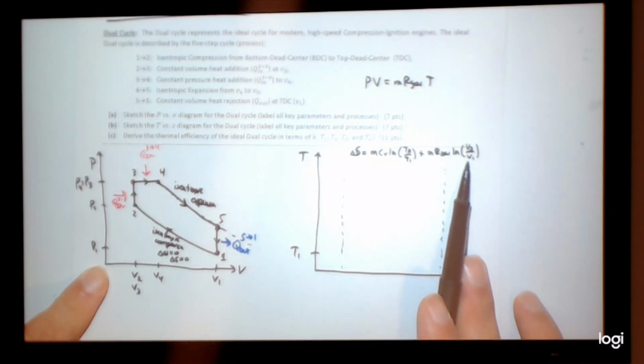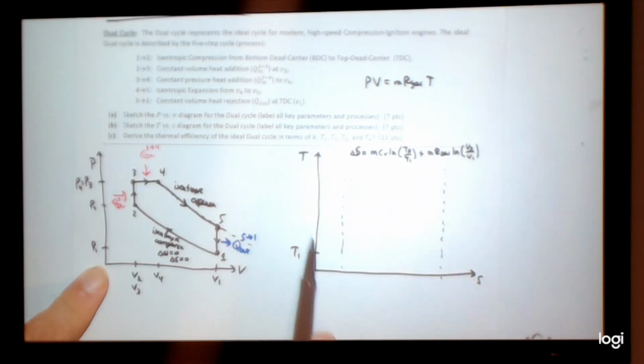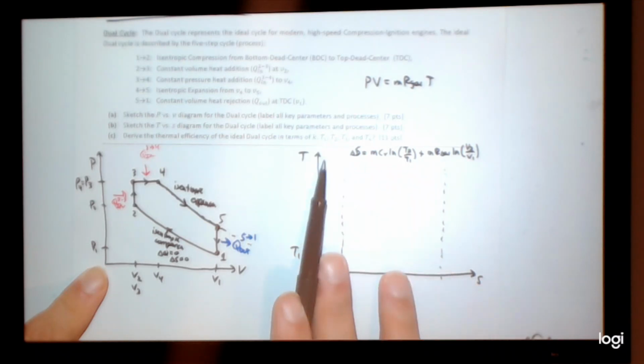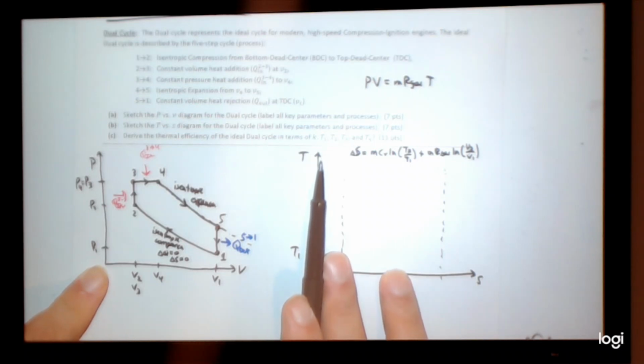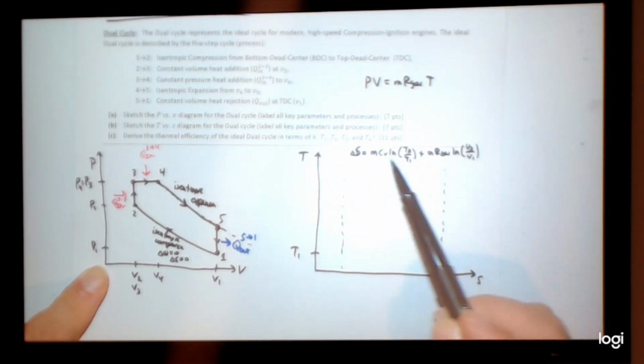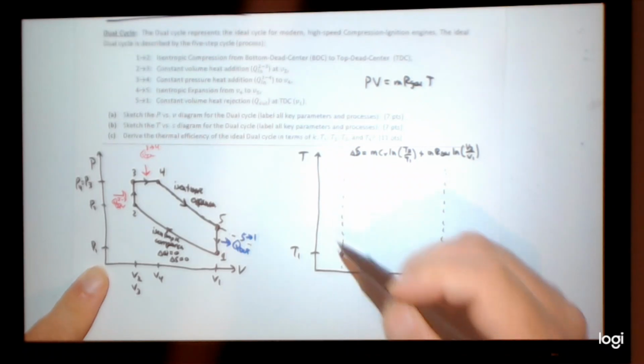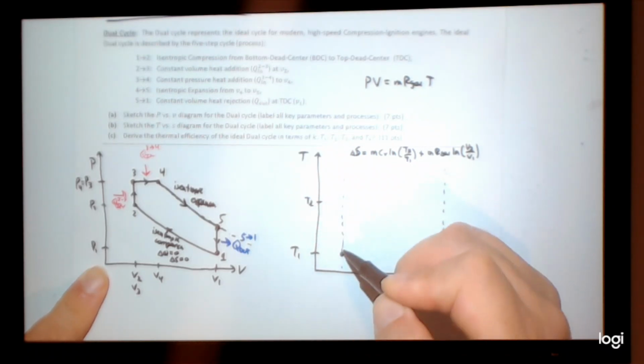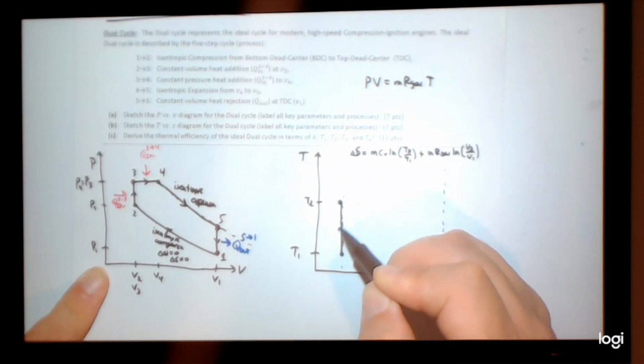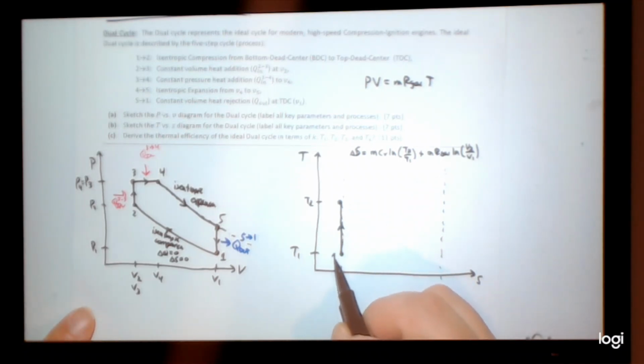Smaller number, less than 1. Natural log of something less than 1 is a negative number. Well, we know from 1 to 2, it's isentropic, so this is equal to 0. A negative number, this needs to be a positive number for this to be 0. So T2 has to be greater than T1. So I just say here, and then I have a corresponding T2. I have something like this. And then I have S1 equals S2, isentropic.